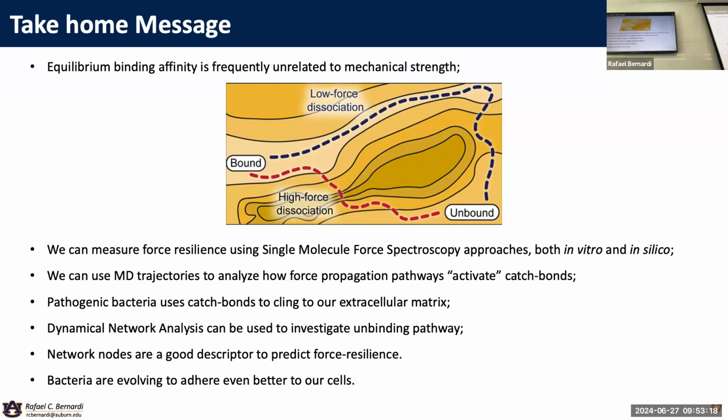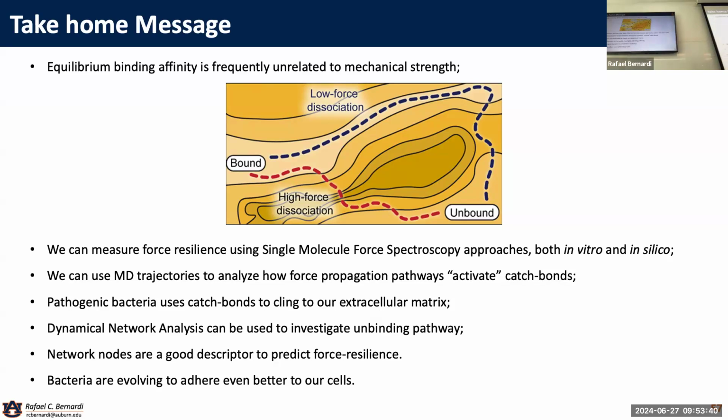The low force path is when you open the latch and the peptide gets out. So you don't break all the bonds at once, you peel the latch and then peel the peptide. This is what we have as an observation. So if you increase temperature, there's a much higher chance you're going to go through there.